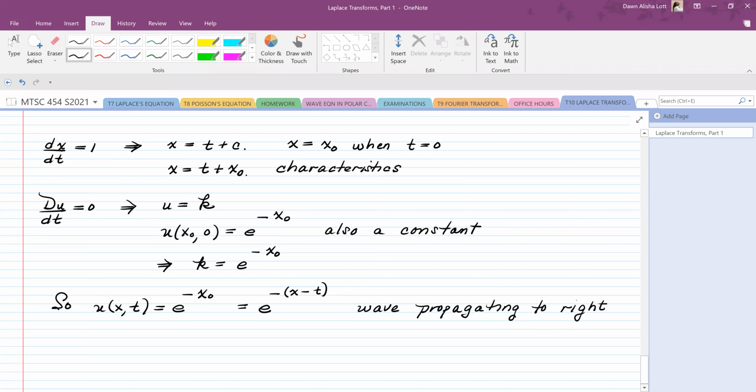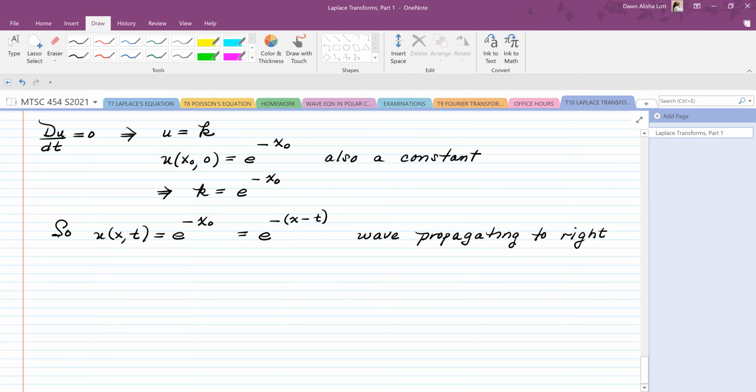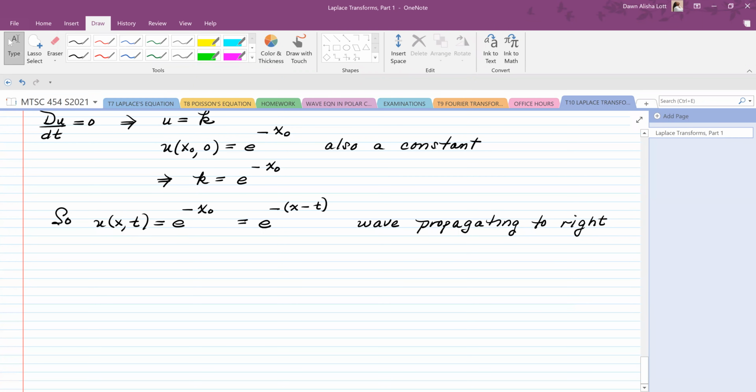Okay. All right. So that's all nice and easy. So what I'm getting ready to do, although it's a teachable moment, is not a pleasurable moment. So let's try the Laplace transform.